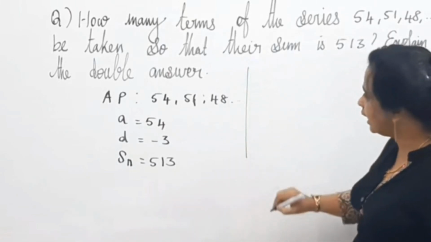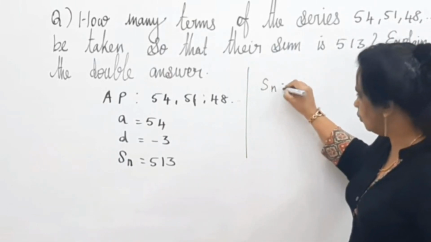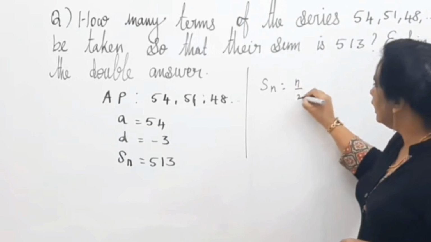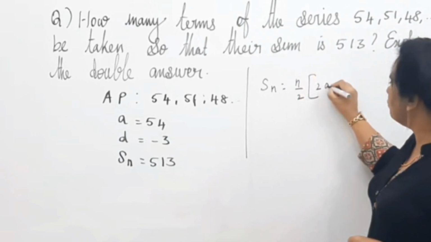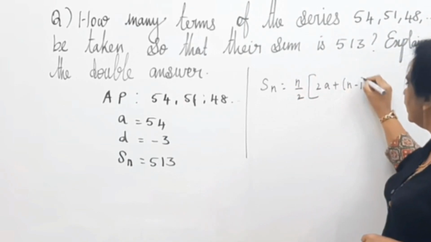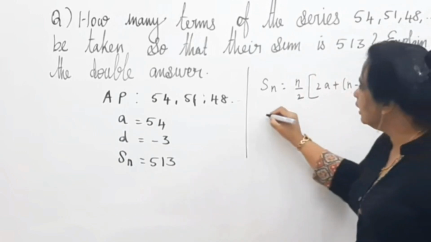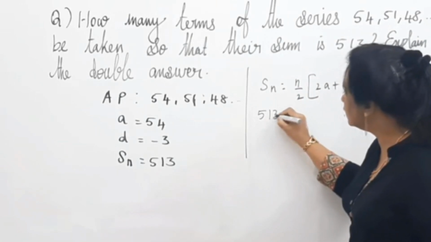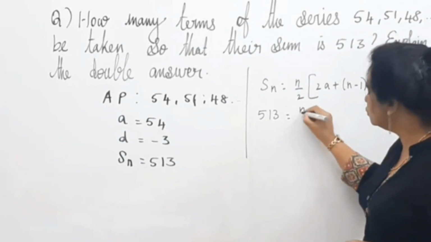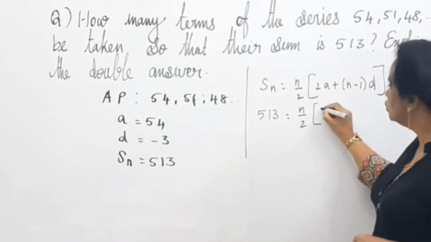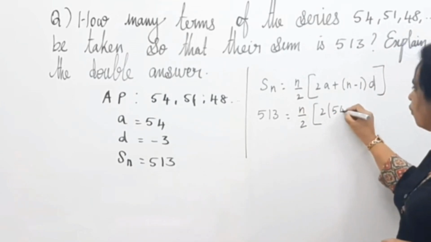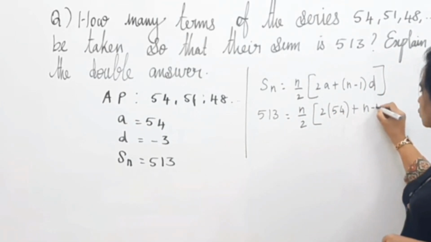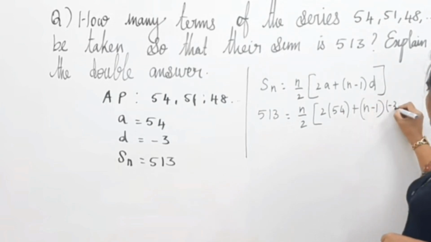So Sn is equal to n by 2 into 2a plus n minus 1 into d. So here Sn is given 513 and n I do not know, into 2 into a, which is 54, plus n minus 1 into d, which is minus 3.